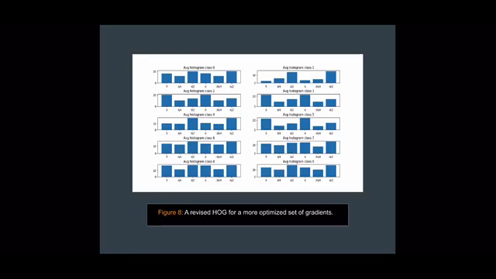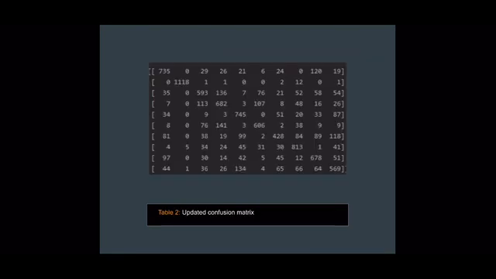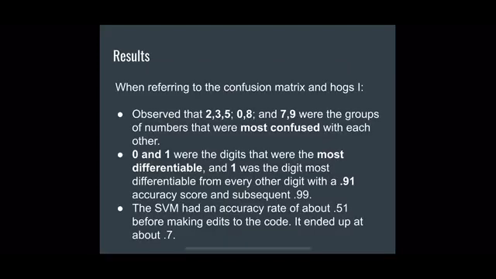And we ended up with an updated confusion matrix, which seemed to have much better classification results. And also our accuracy rate went from 0.51 to 0.7, which was a pretty good increase, but is still a pretty mediocre accuracy rate overall.